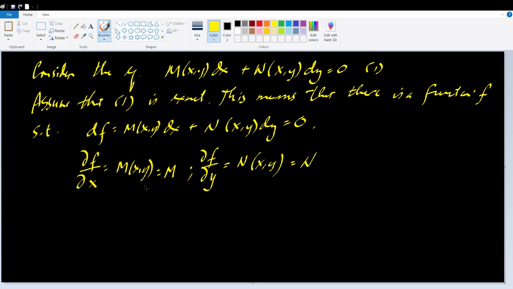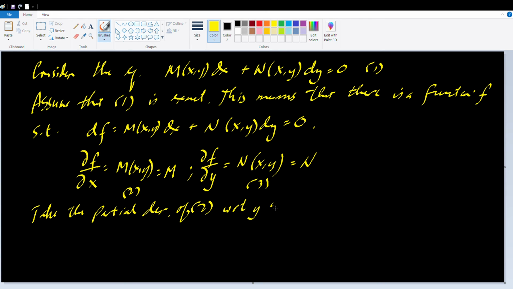For equation 2, let us take the partial derivative with respect to y, and for equation 3, with respect to x.